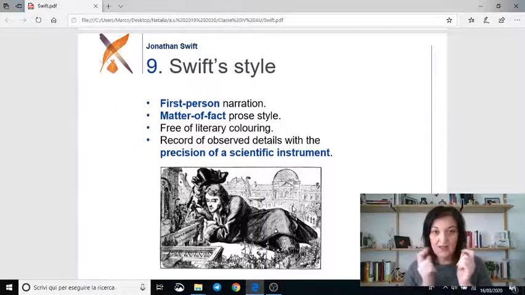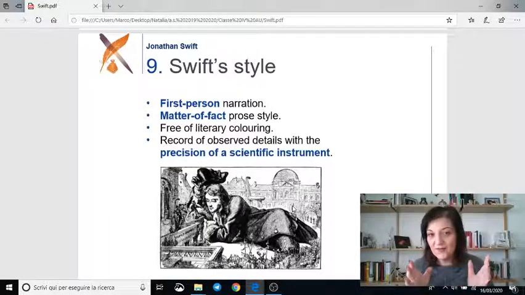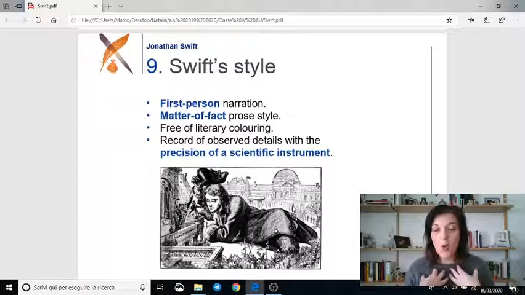Think about the title, Gulliver's Travels, I viaggi di Gulliver. So he tells, using the first person narration, his own experiences.